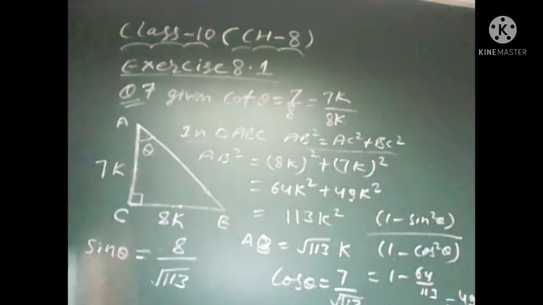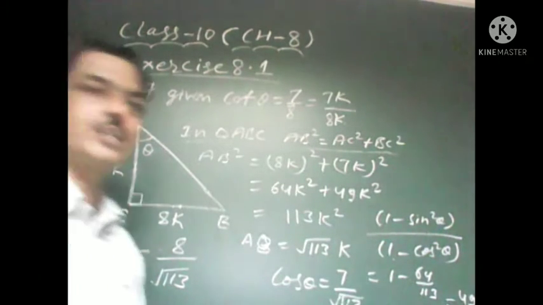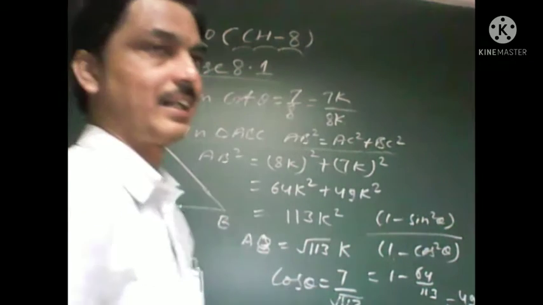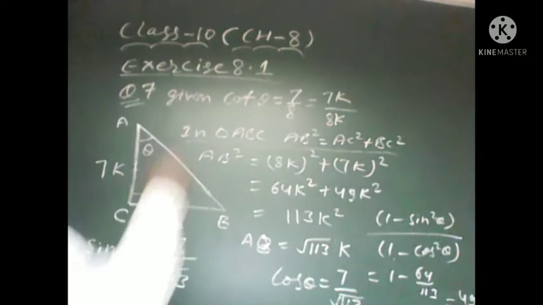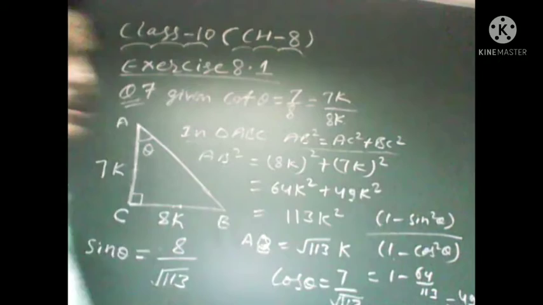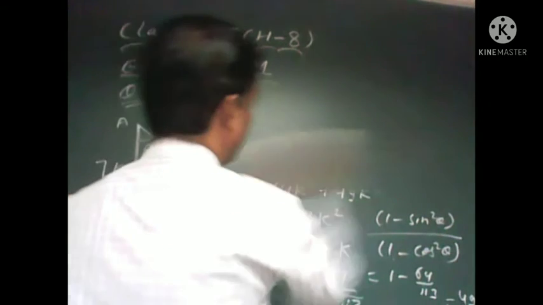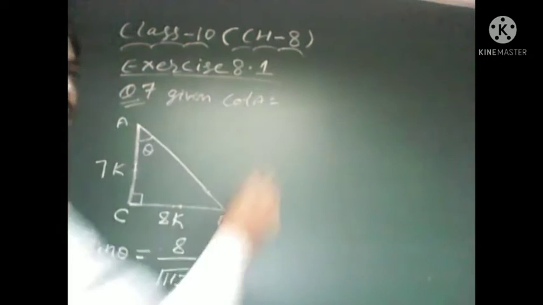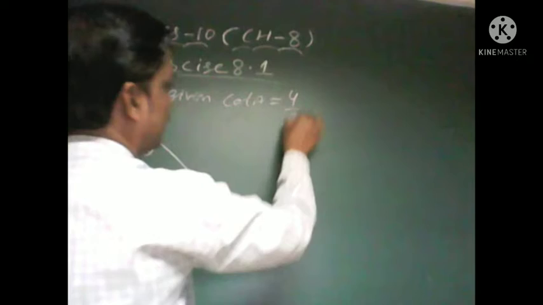So students, this is question number 7. Now, in question number 8, again, it is easy because here 3 cot A is equal to 4 given. It means what? It means cot A is equal to 4 by 3 is given.